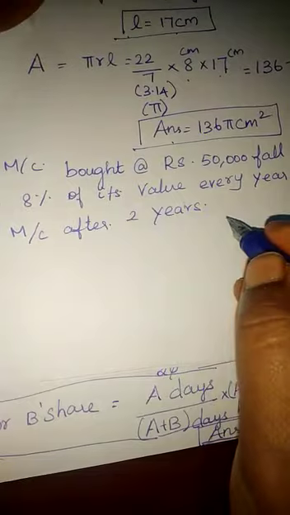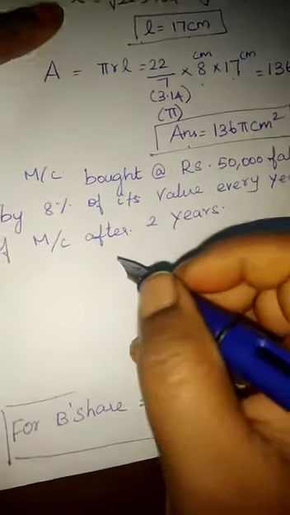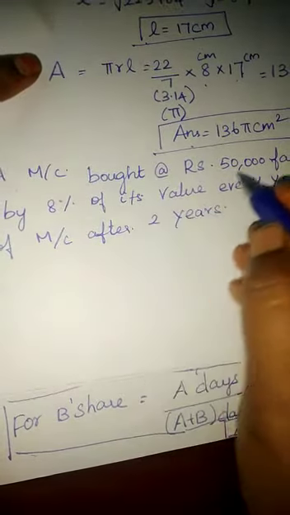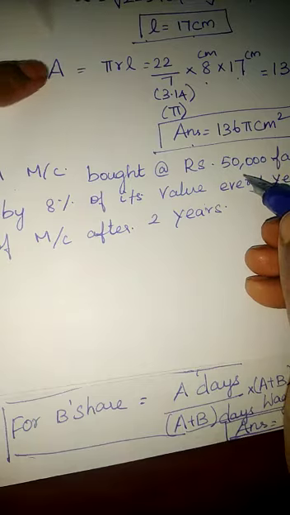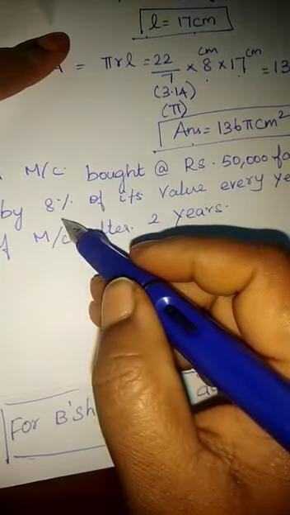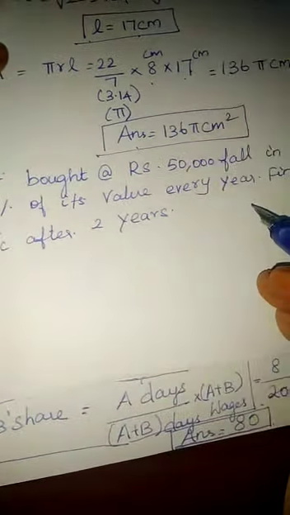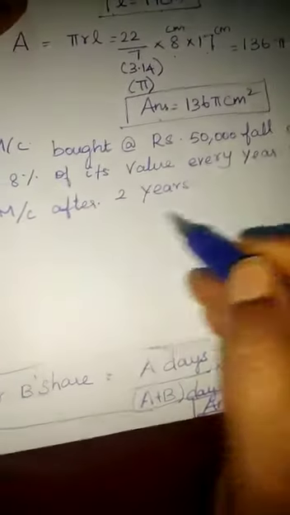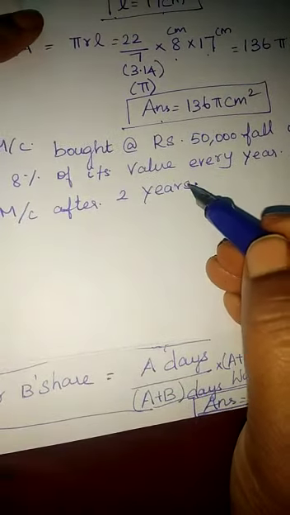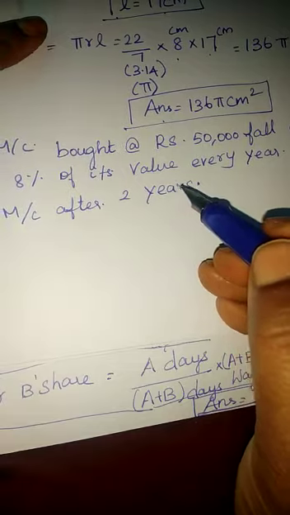Find the value of the machine after 2 years. Okay, a machine was bought for 50,000 and its value gets reduced 8% every year. What will be the machine's value after 2 years?